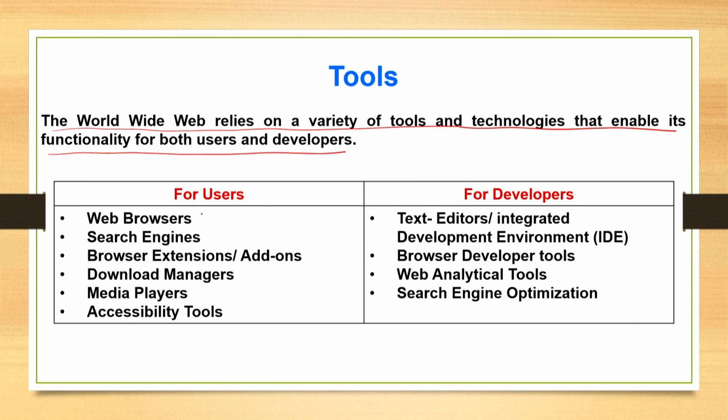For users, you have web browsers, search engines, browser extensions or add-ons, download managers, media players, accessibility tools, and for developers, text editors, integrated development environments that we call IDEs, browser development tools, web analytics tools, and search engine optimization.